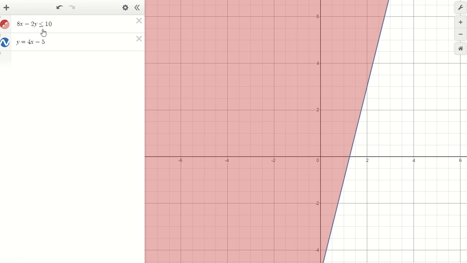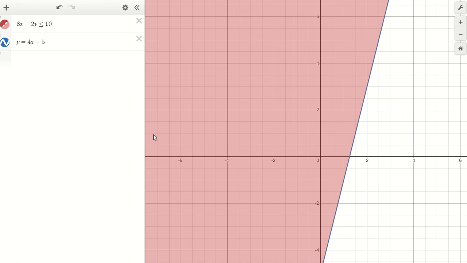That doesn't mean if you see this symbol, you're always shading below the line. We're humans, we're pattern recognizers, and we see a pattern and start doing that. I just want to caution you, there's a reason why that's happening, and it has to do with the coefficient of y.